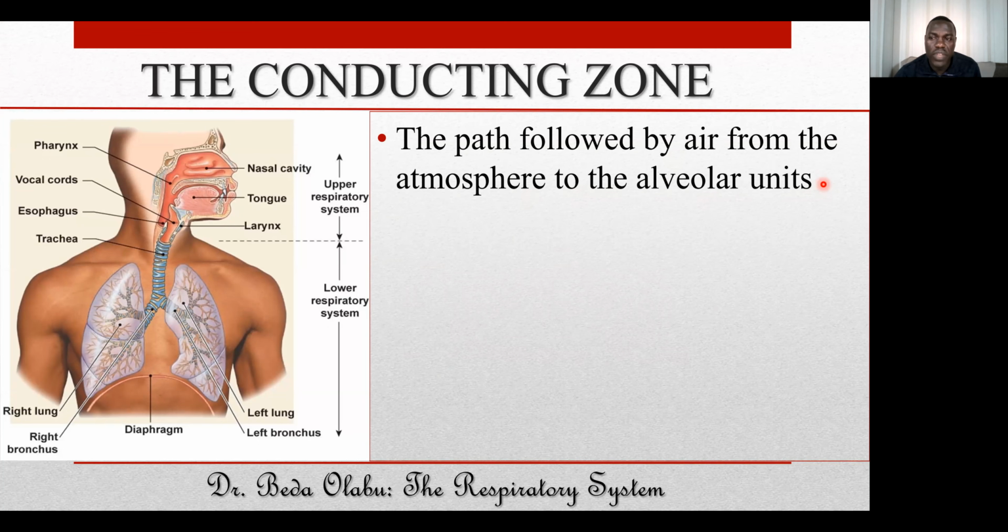As long as you've not reached the alveolar units, all those are still conducting zones. But the moment we reach the alveolar unit, it changes from being a conducting zone to being a respiratory zone.